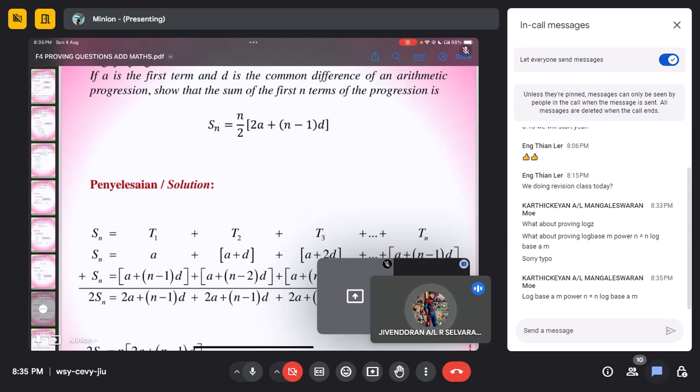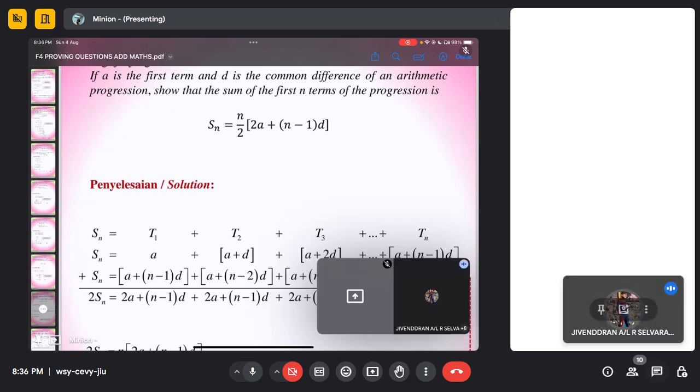Oh, for that kind of log equation, there's no proving question, because it's just a law. You just bring the power in front. There's no proving for that. Okay. I hope that answered your question.